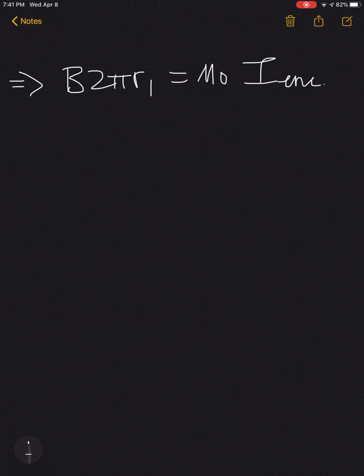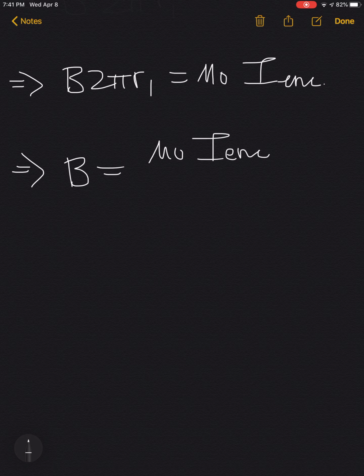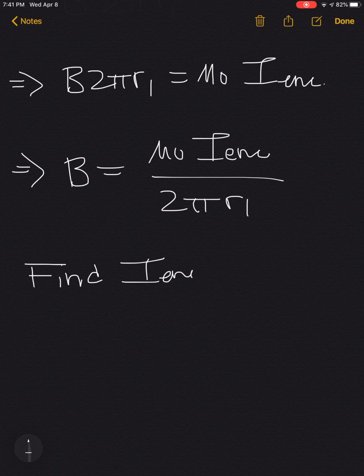We could solve for B. B is equal to mu naught I enclosed over 2 pi r1. We could solve for B if only we knew what I enclosed was. So now let's find I enclosed.